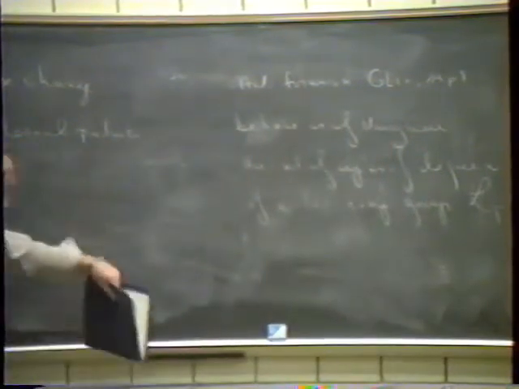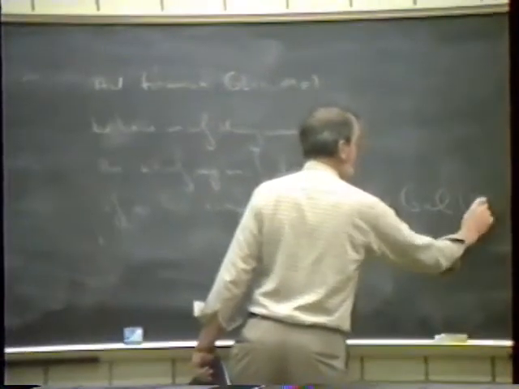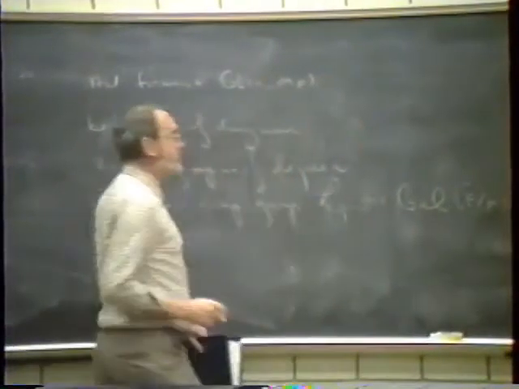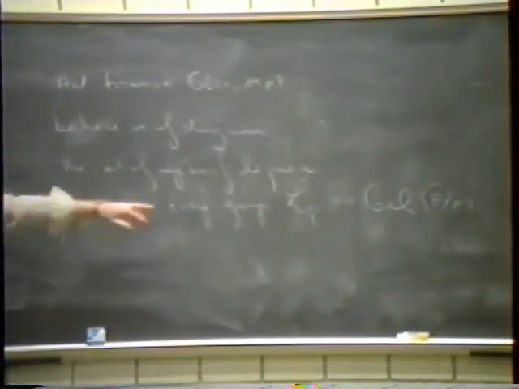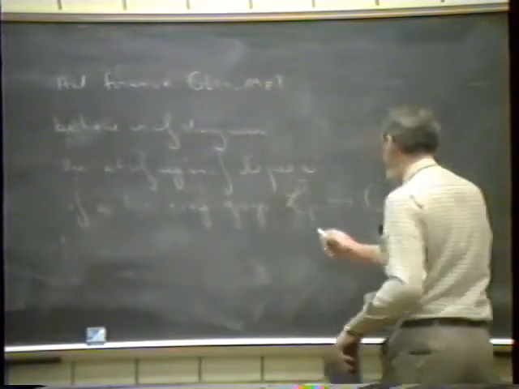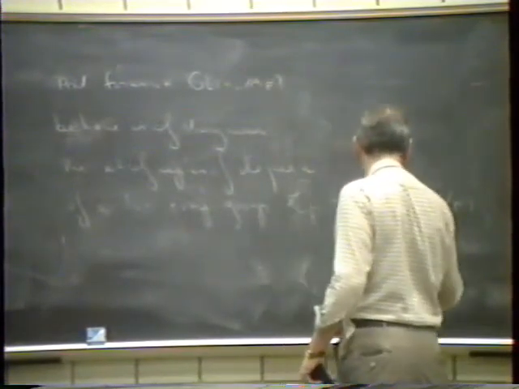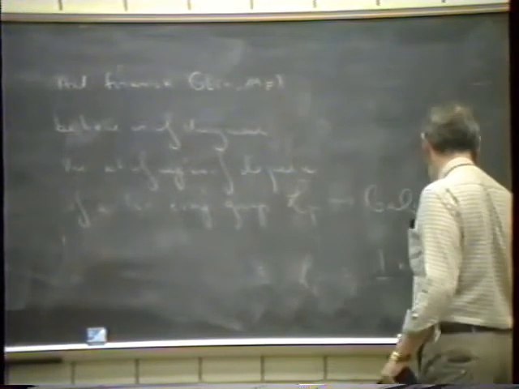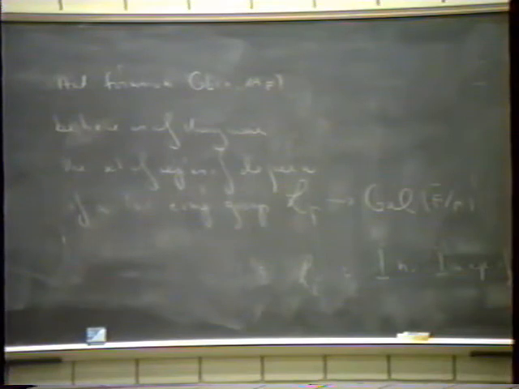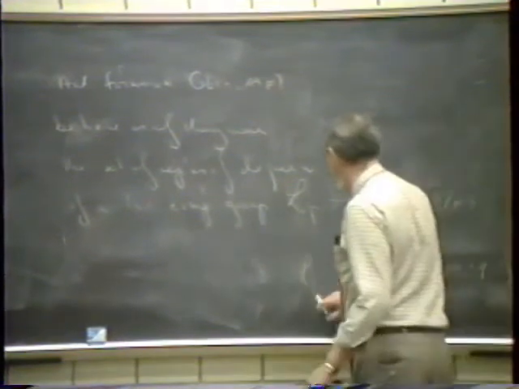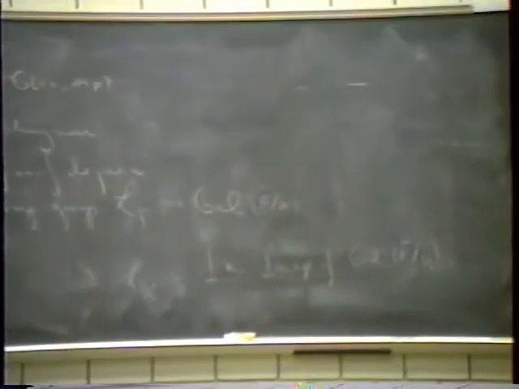Namely, this L sub F would have a map to the Galois group of F bar over F, because then base change would just correspond to restricting the representation to L sub E, which would be equal to the inverse image of Galois F bar over E. Well, I'm sorry, L sub K for any K, Galois F bar over K, if K were a finite extension.